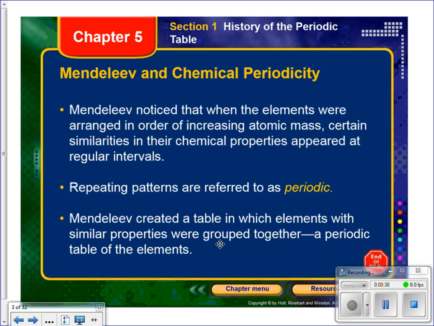In Section 1, we talk about the very first periodic table, and it was put together by a guy named Mendeleev. He came up with a periodic table that he put in order of atomic mass. If you look at the periodic table, for the most part, this is still true to the one we currently have.